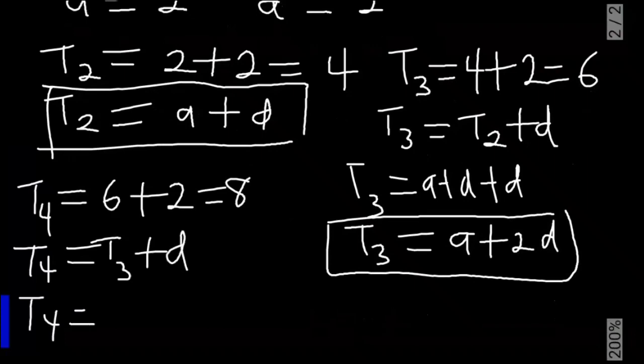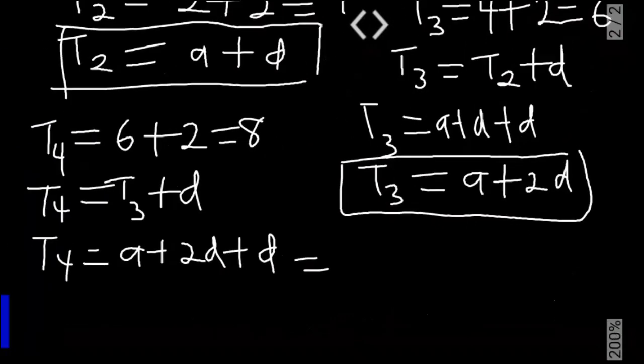And our third term is a plus 2d, plus the common difference. So we have T4 is equal to a plus 3d.